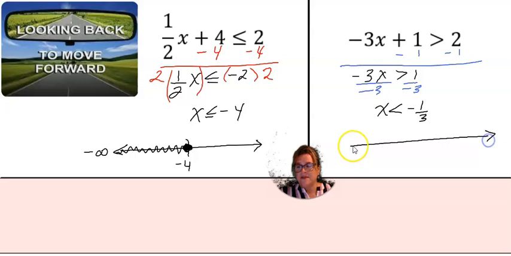Sketching the solution to this linear inequality at -1/3, we're going to use an open circle to show there is no equals, so the -1/3 is not included. And again, because it's a less than, we shade down the number line toward -infinity.